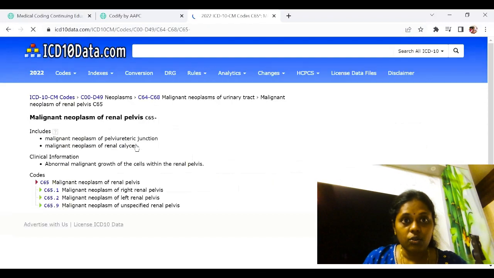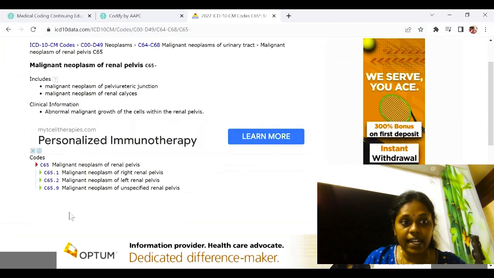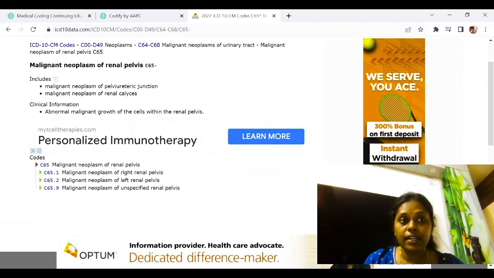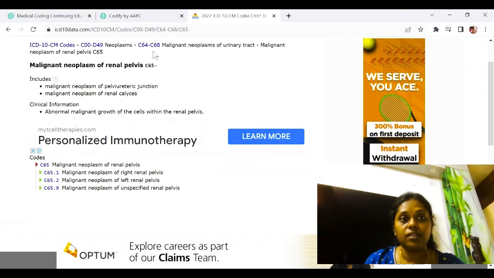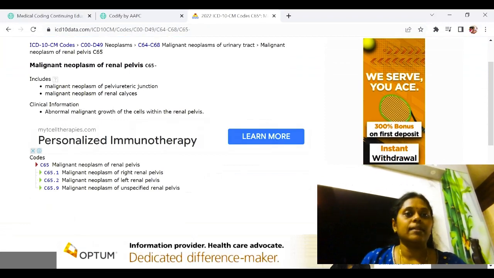If you click, you will go to the tabular index where you can find C65 is further divided into C65.1, 2, and 9: right, left, and unspecified renal pelvis. So don't finalize your coding from the neoplasm table. You should go back to the tabular index and find the complete code. Then only your coding is complete.